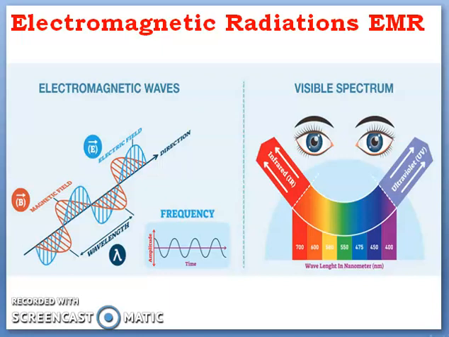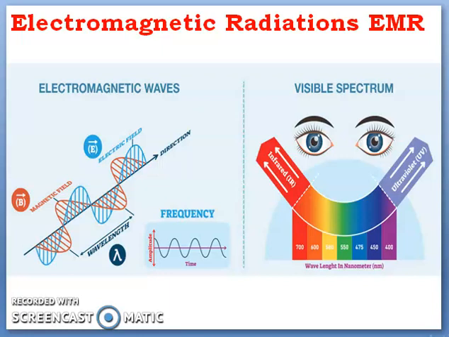Based on the wavelength and frequency, electromagnetic radiations are classified into various types. For instance, I have presented in this slide the visible spectrum.